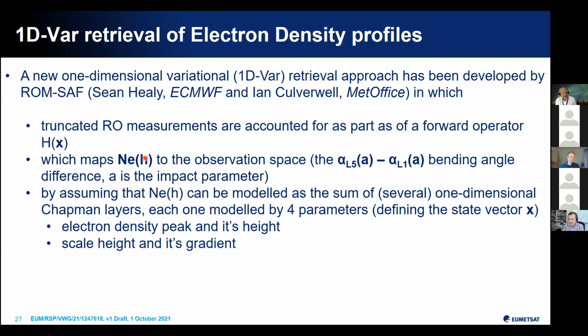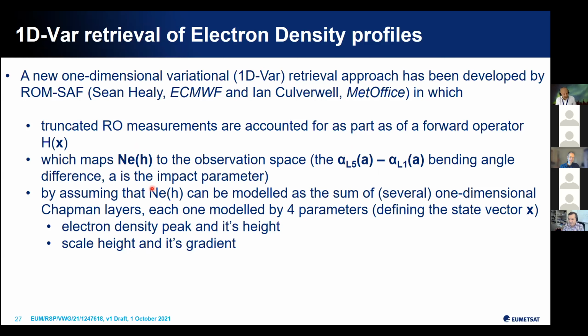This is somehow different from what is done by other centers, where the electron density profile is computed using carrier phase information. But the carrier phase information should be leveled to the pseudo ranges to have absolute values, and then the pseudo ranges suffer from the differential code bias. So some bias is always playing around the retrieval of the electron density. Using bending angle, we do not suffer from this bias.